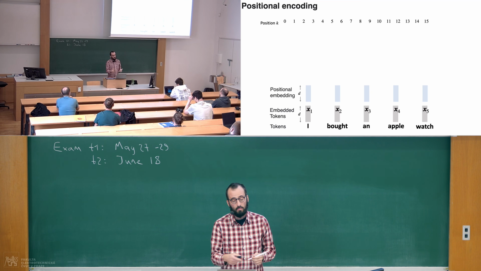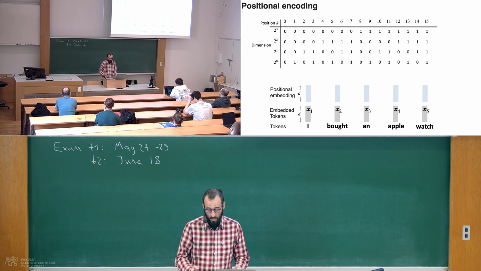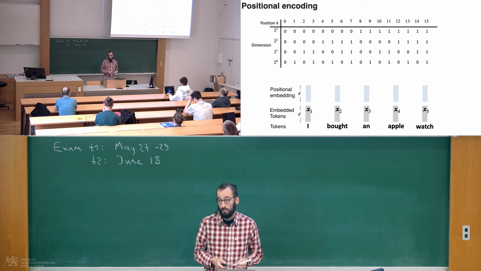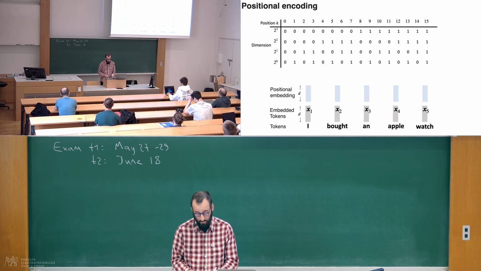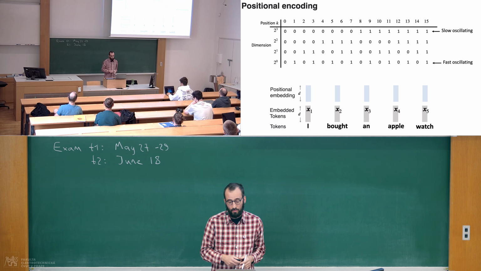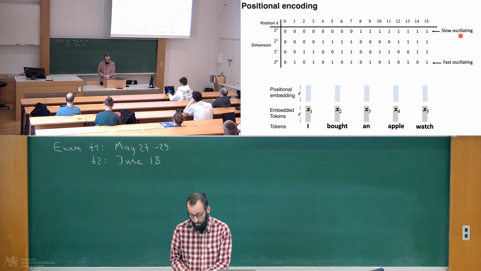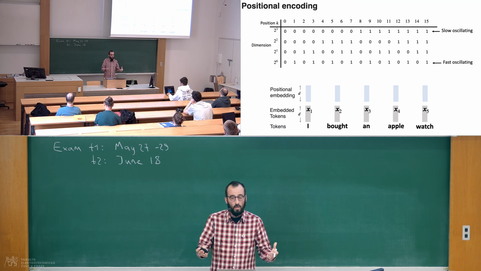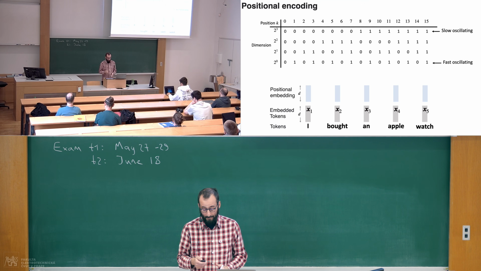To motivate that, imagine we have a sequence of 16 words, and we're using 4 bits to uniquely identify them. That could be a way to uniquely encode and inform the model. Some dimensions oscillate in a slow way and some others change in a fast way, and all this together gives a way to uniquely identify each of the tokens.